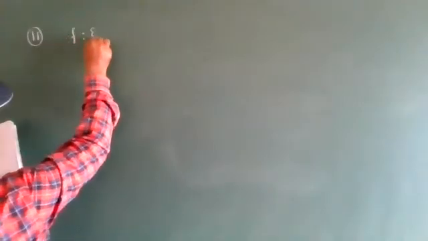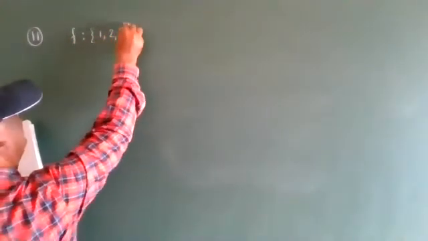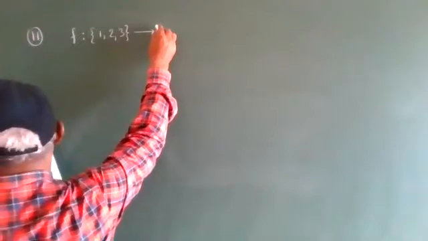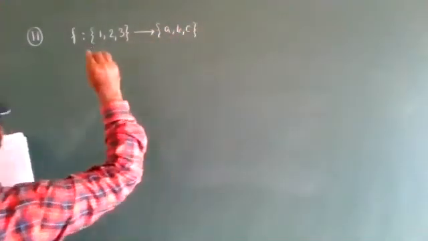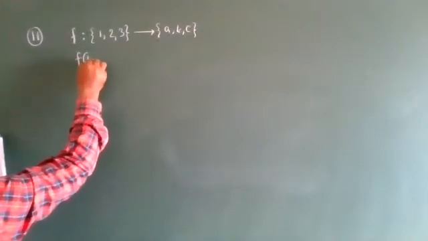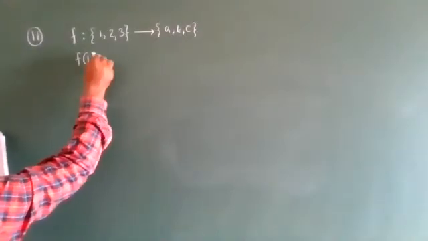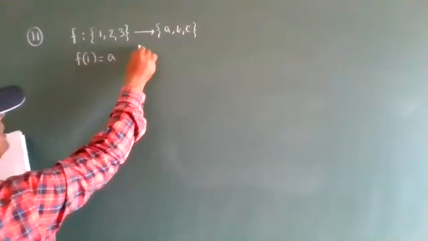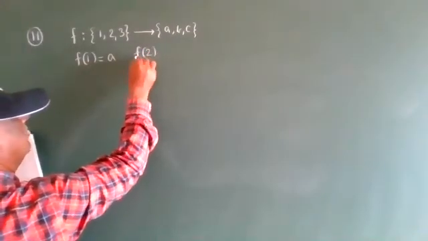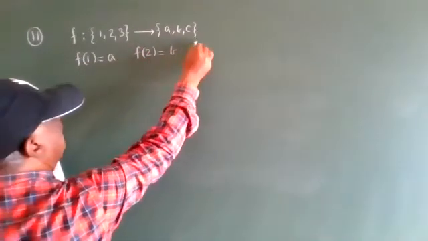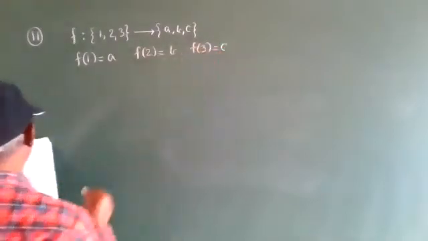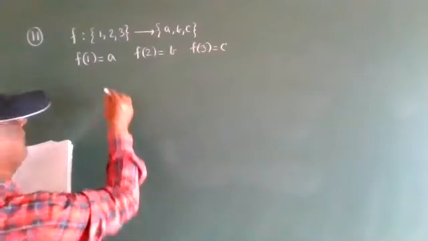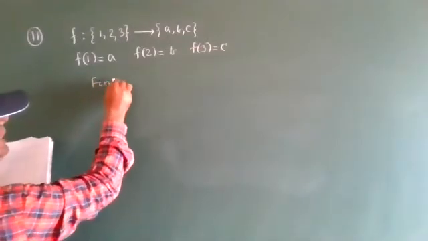Here F is a map whose domain is 1, 2, 3 and codomain is A, B, C. Next, they give the images: F of 1 is A, F of 2 is B, and F of 3 is C. Find F inverse.